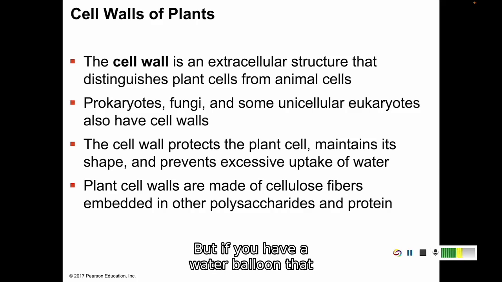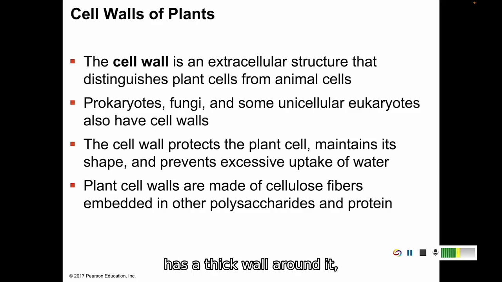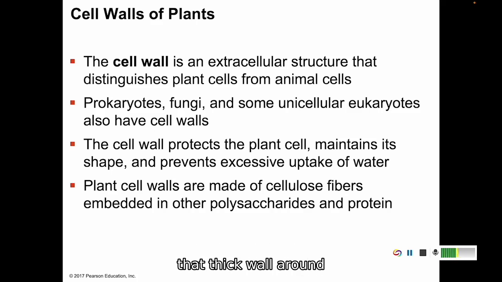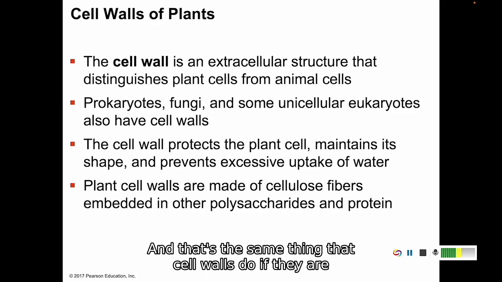But if you have a water balloon that has a thick wall around it, as you keep adding water, eventually you're going to get to a point where that thick wall around it is going to push the water back out. It's going to give enough pressure to push the water back out. And that's the same thing that cell walls do.